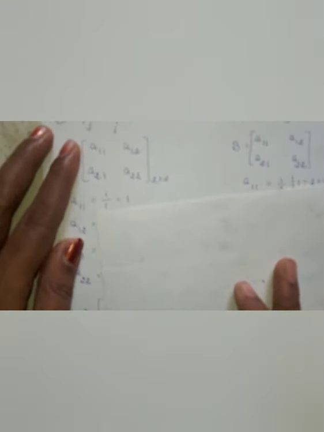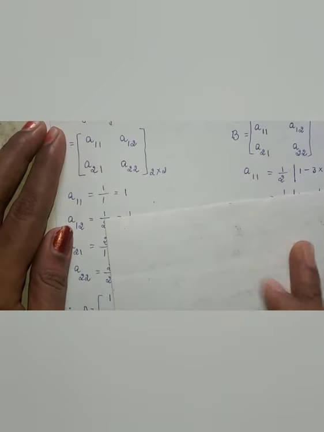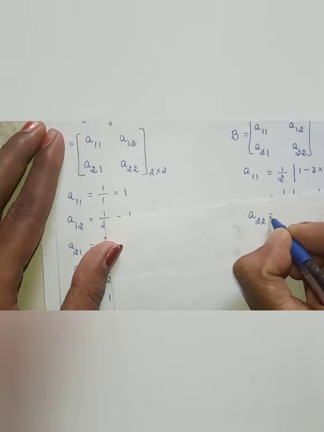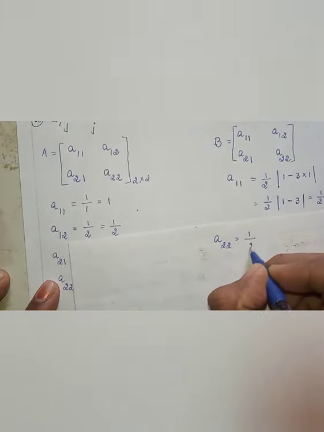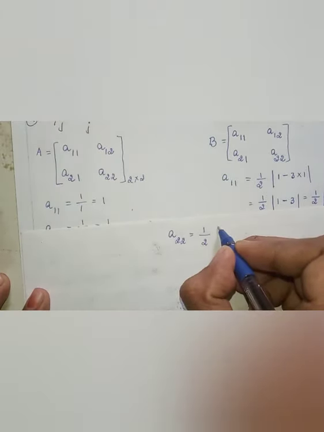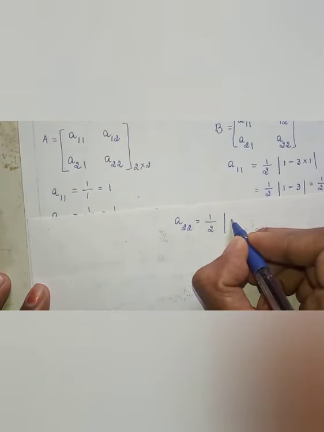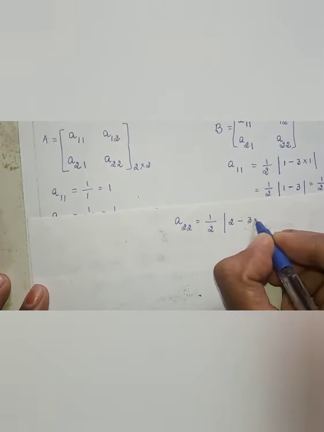Next, we define the last entry. What is the last entry? A22. This entry, A22. 1 by 2 into modulus of i minus 3 into j.